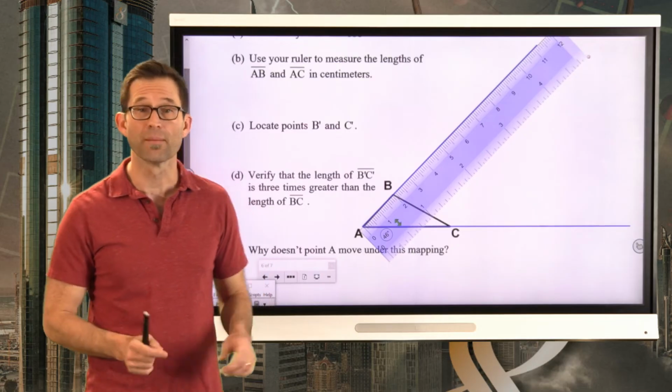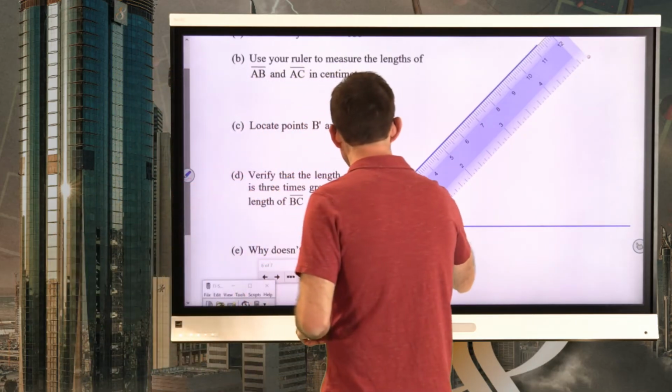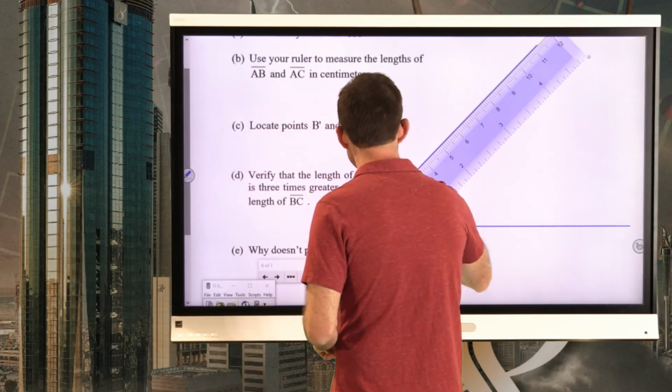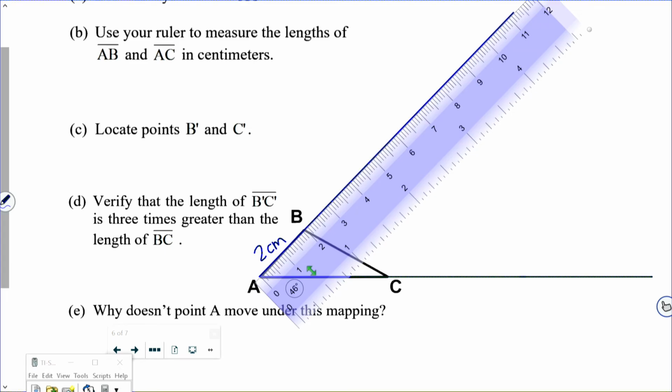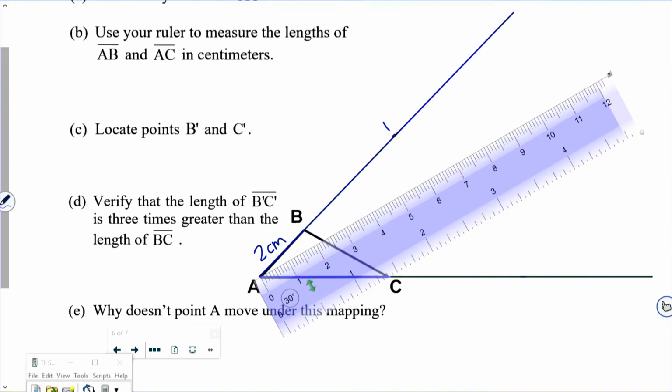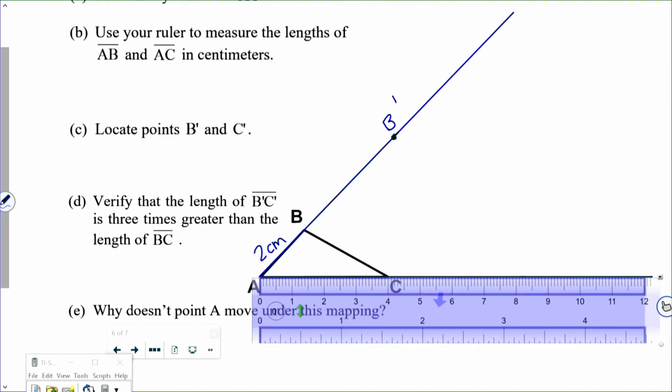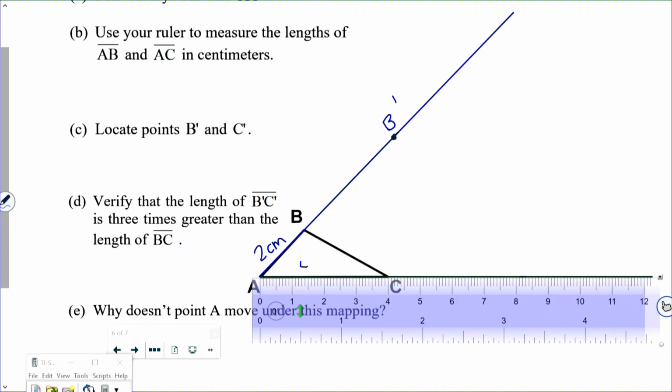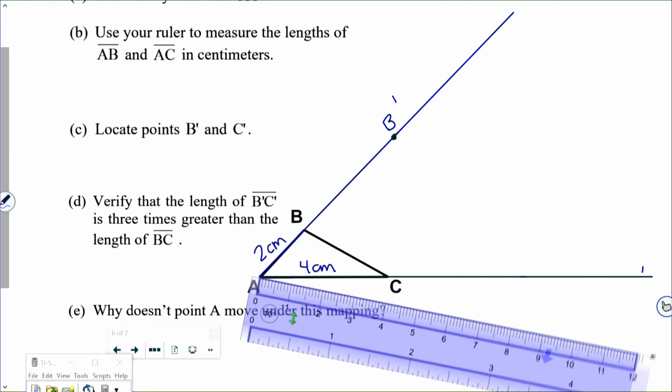All right, well, it's this simple, right? Point B is currently 2 centimeters away from point A. Therefore, B prime must then be 6 centimeters away from A once dilated. Likewise, point C is 4 centimeters away, and after a dilation by a factor of 3 should now be way out here, 12 centimeters away.